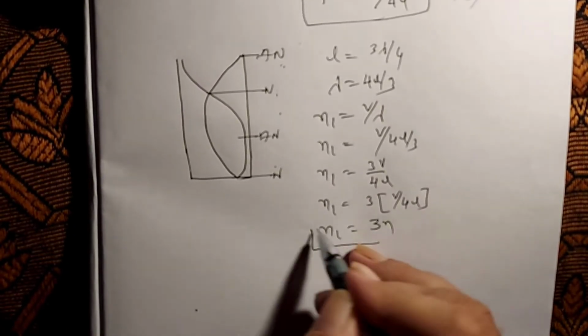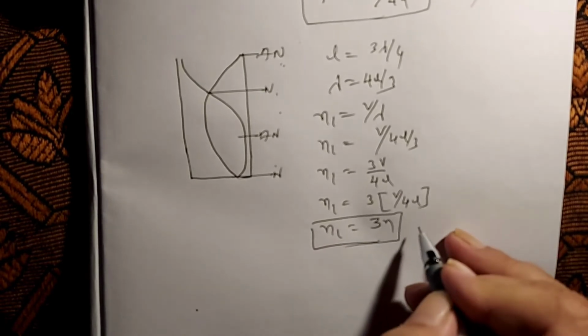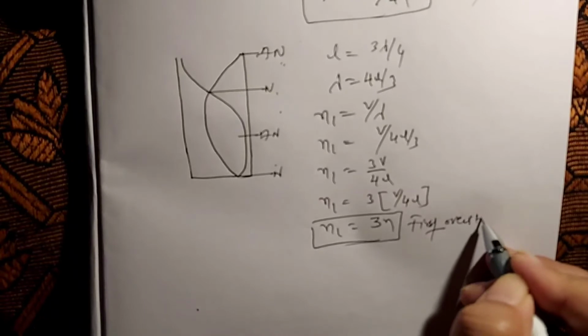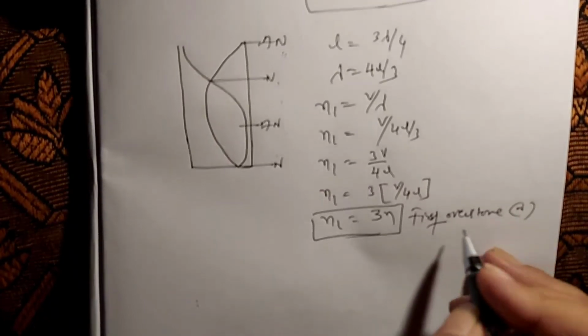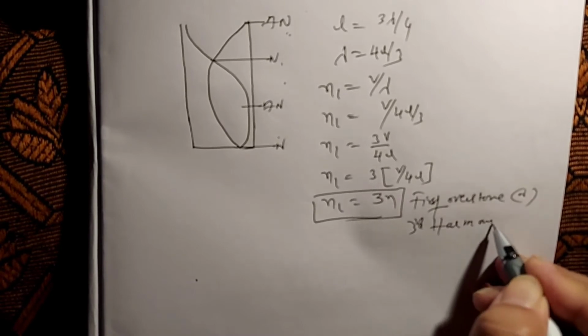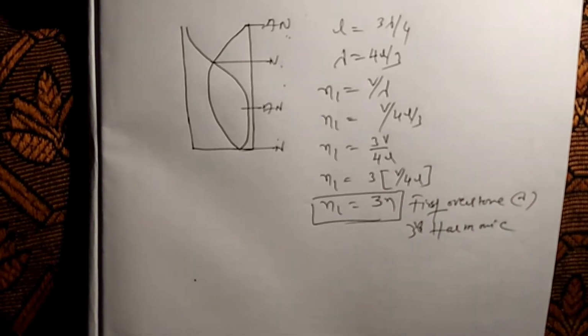This frequency is called the first overtone, or third harmonic. Here the second harmonic is missing in the closed pipe.